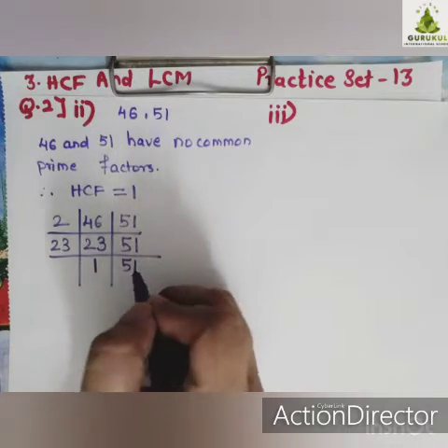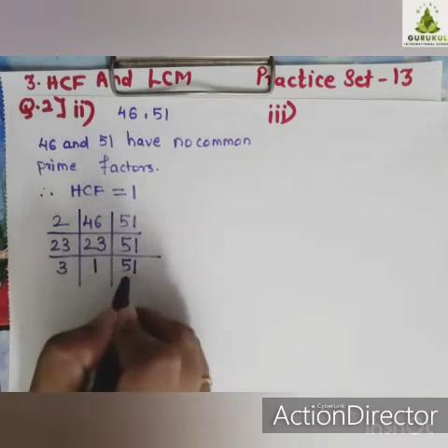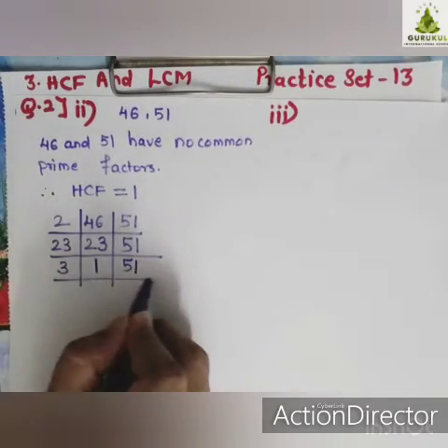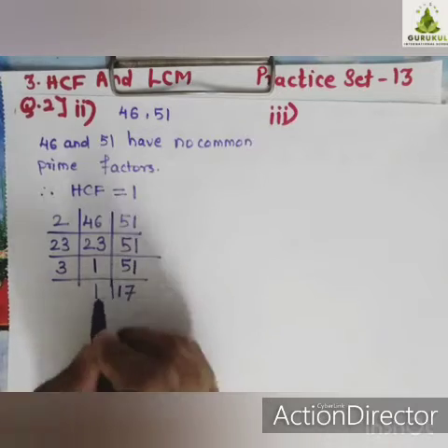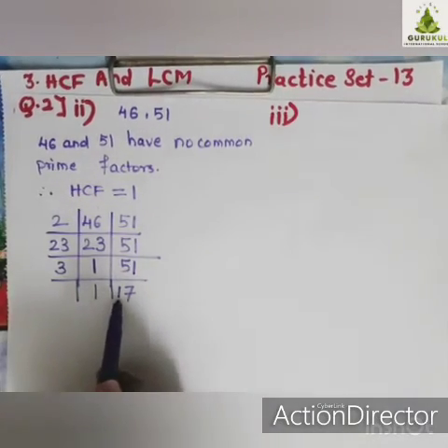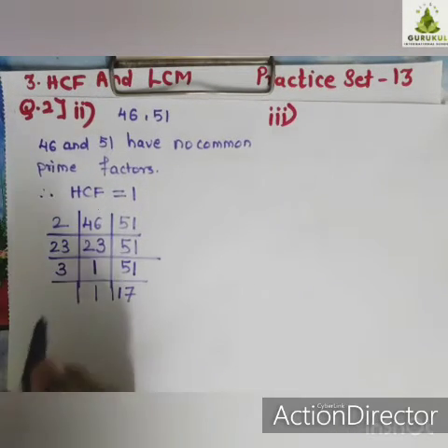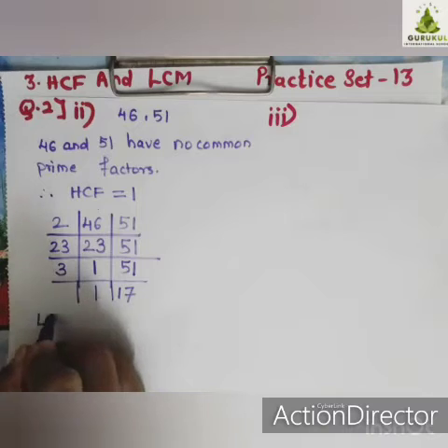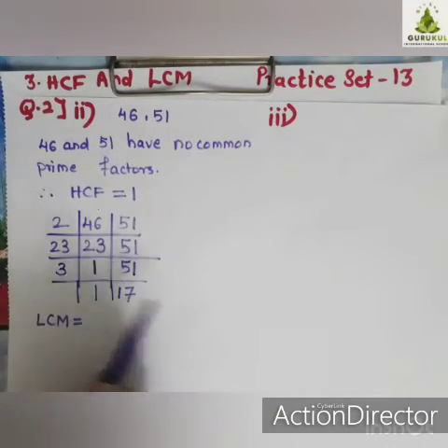Now here I can write down the factors for 51, that is 3, and I can write 17 3s are 51. 1 will be as it is. Now you can see we cannot find out further prime factors. So we have to stop here. Okay. So LCM, how we will write LCM then? LCM is equal to these factors and this factor.